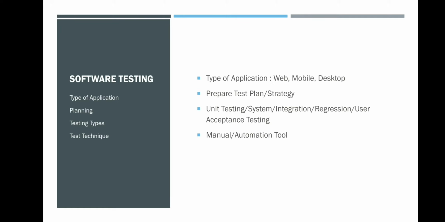There are different types of testing we can do: unit testing, system integration testing, regression testing, and user acceptance testing. And there are different approaches you can use: manual testing and automation tools. I can explain in the next cycle how we perform manual testing.